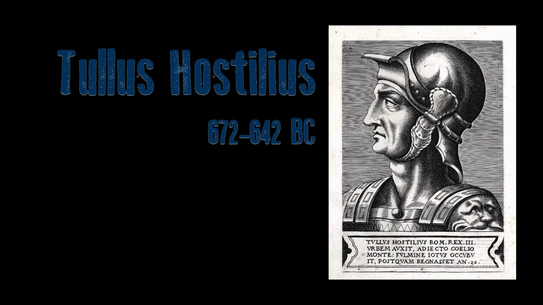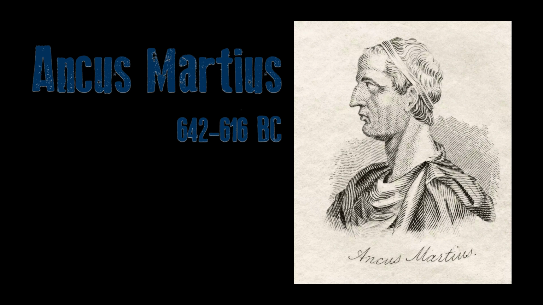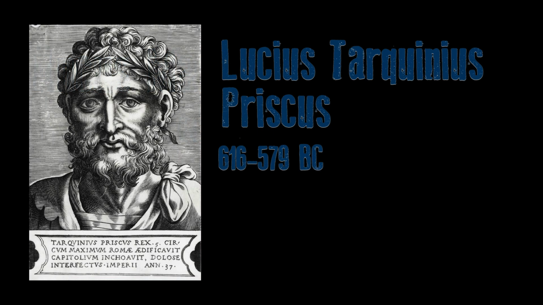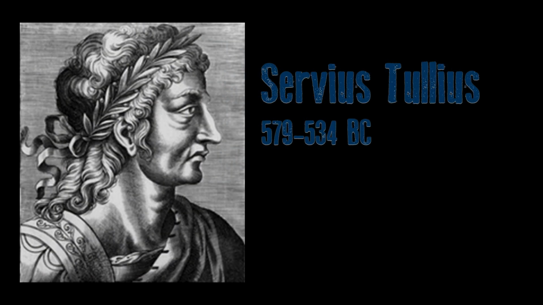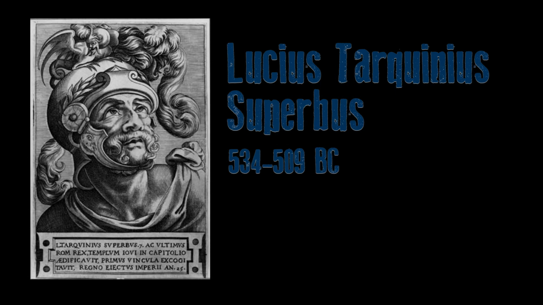The next one is Ancus Martius, who's going to reign from 642 to 616. Then the first Etruscan king will become king of the Roman monarchy, Lucius Tarquinius Priscus. He will be followed by Servius Tullius, and then he will be followed by the very last and infamous king. You will want to know this name, the first name and the last name, Lucius Tarquinius Superbus.